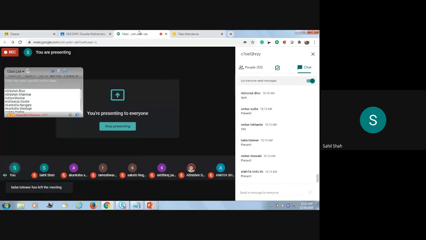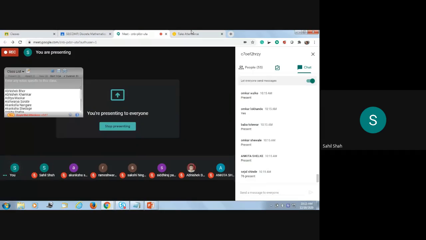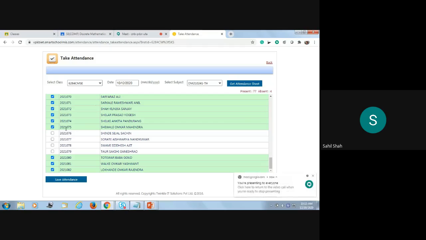Ankita Shelke is present. Shelar Prasad, Tejal Sindh is present. Prasad Shelar is also present. Shaha Punika, Sarkale Rameshwari, Sarfaraj Ali. Punika is present.